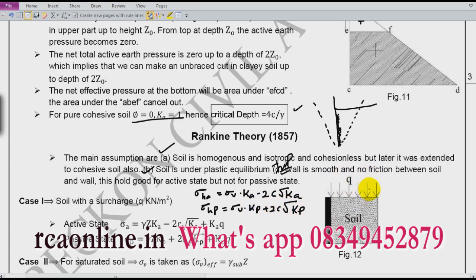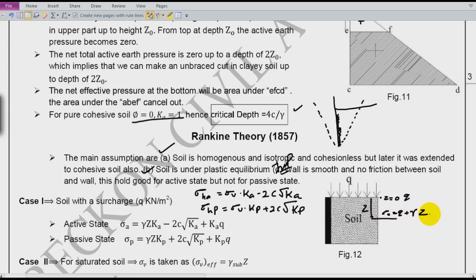Now, if there is a surcharge, like a road or some bridge on the soil, then what will happen? There is a surcharge of q. Then my sigma V at z equal to 0 will be q, and at any depth z, sigma V will be q plus gamma z.